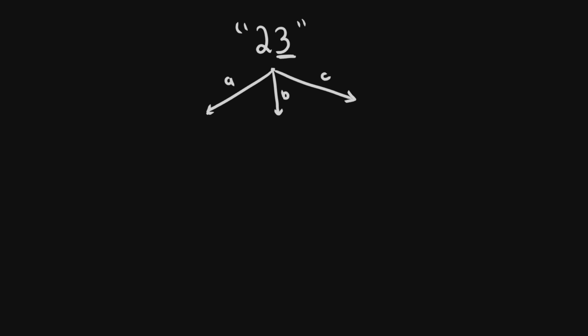For the digit 3, we have 3 options, D, E, or F, and that means we have 3 decisions. So for each decision, we'll have 3 more.